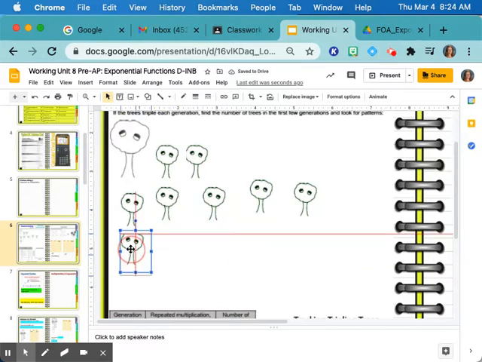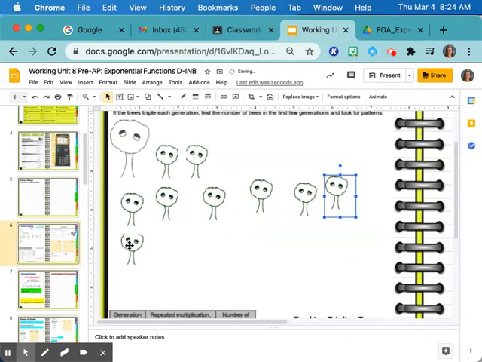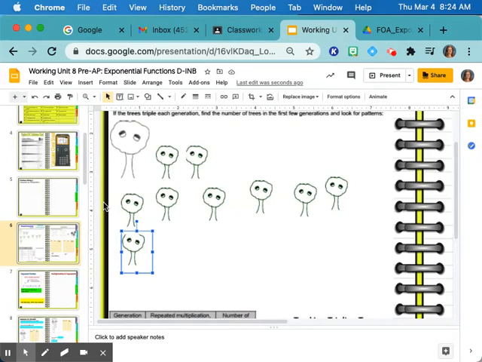So how many more do we need to add? 1, 2, 3, 4, 5, 6, 7, 8. So I need to add another one. And then it's going to triple again. So how many will we have? So right now we have 9. How many will we have when it triples? 27.